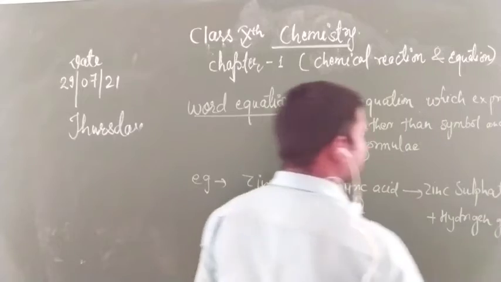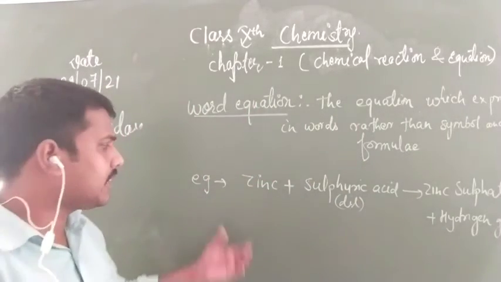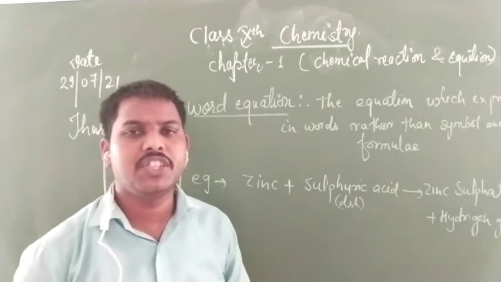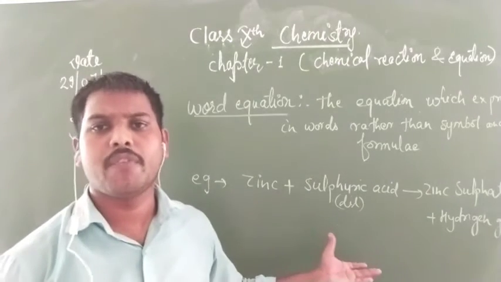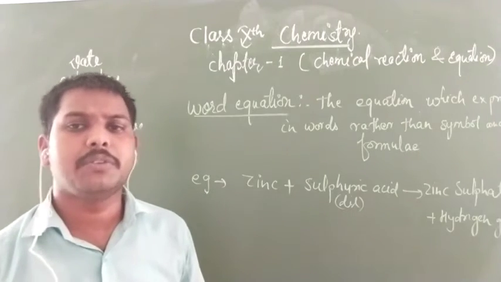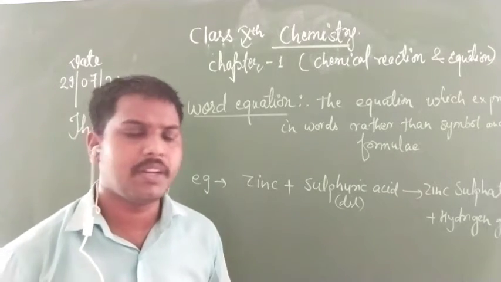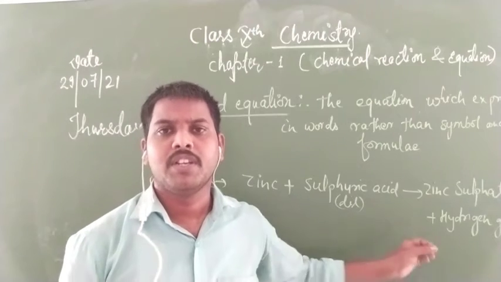Now see in this equation, children, on the reactant side and the product side, the equation is expressed in words. There is no symbol for any reactant and no chemical formula or symbol in the product also. Clear everyone?